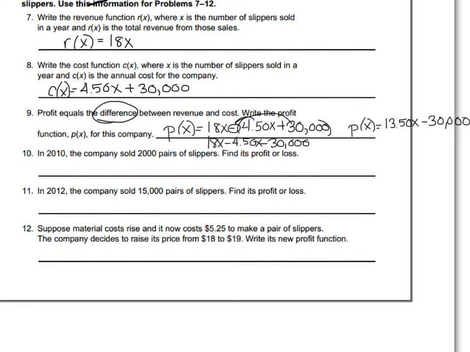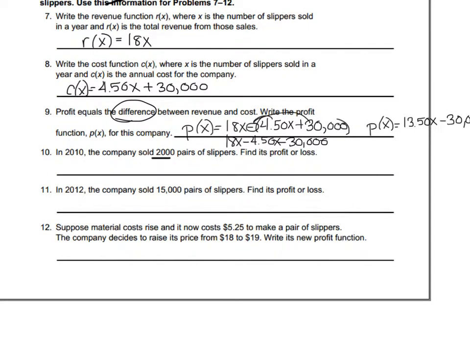Questions 10 and 11 are telling us what happened in a year, in 2010 and then in 2012. So go ahead and find out if they made a profit or a loss in each of these years. In 2010, they sold 2,000 pairs.